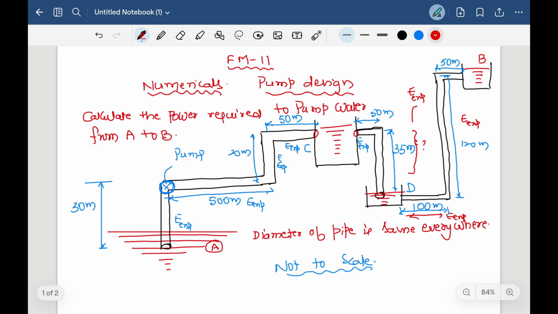Now, let us try to understand the concept of it. Whenever I spend some energy, what happens? That energy I get from some electrical power or a mechanical power.